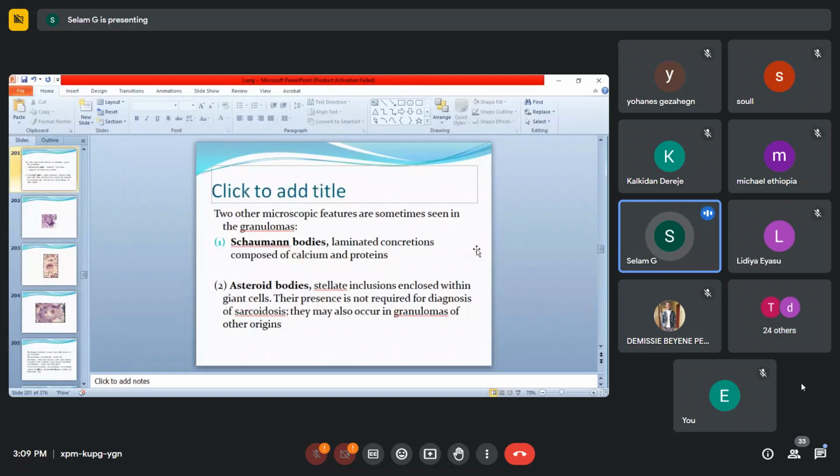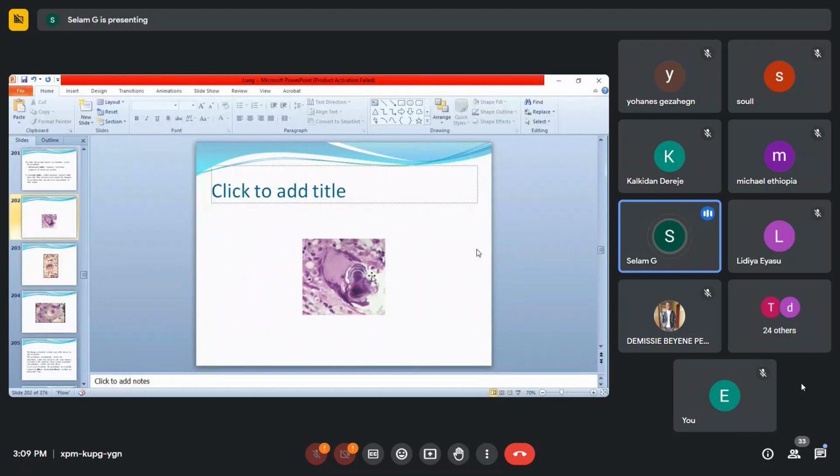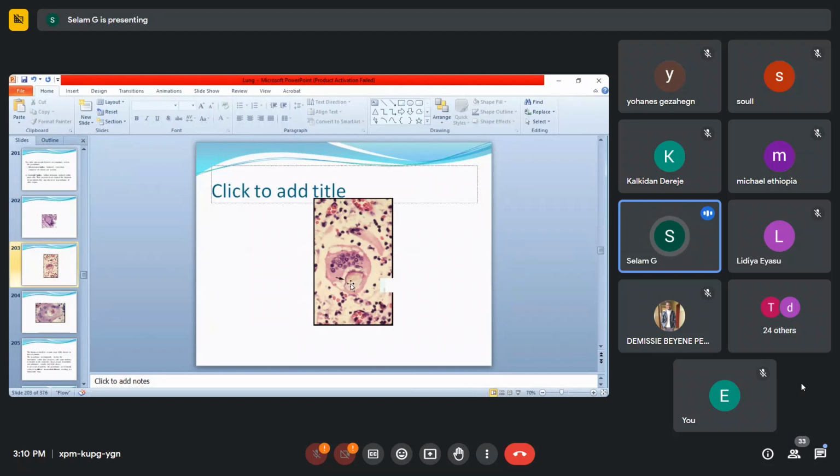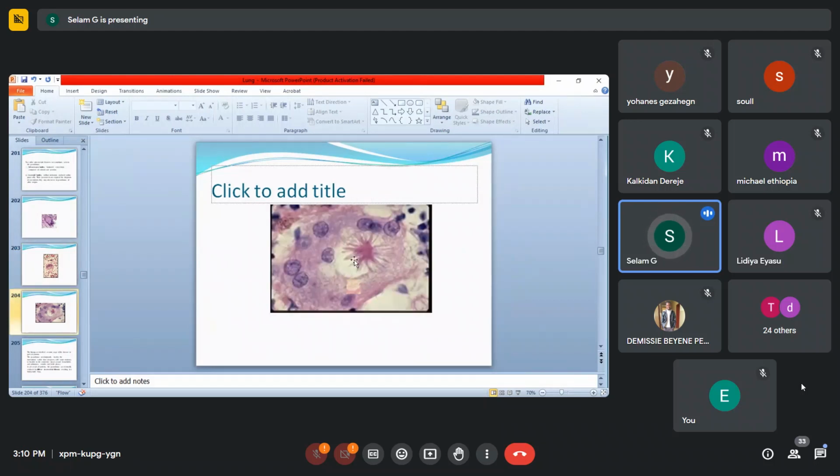Their presence is not required for diagnosis of sarcoidosis. They may also occur in granulomas of other origin. So you see the Schaumann body, a concentric lamination of proteins, and the asteroid body may be seen in the giant cells in patients with sarcoidosis.